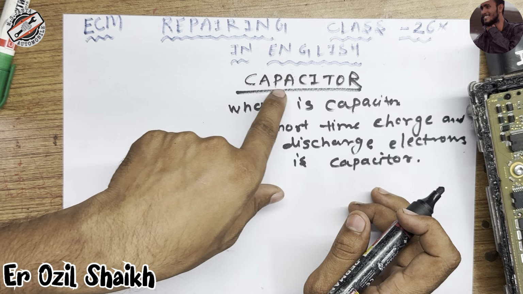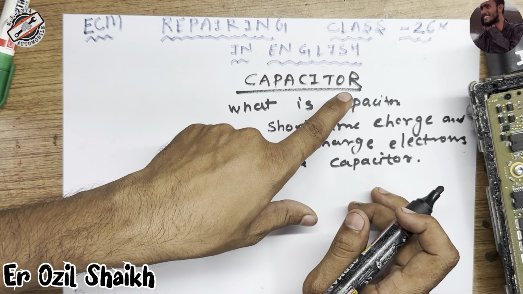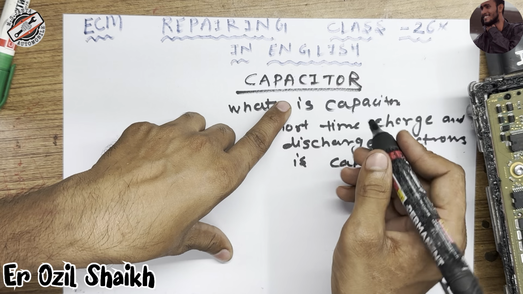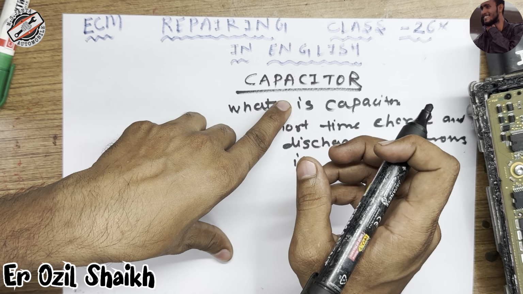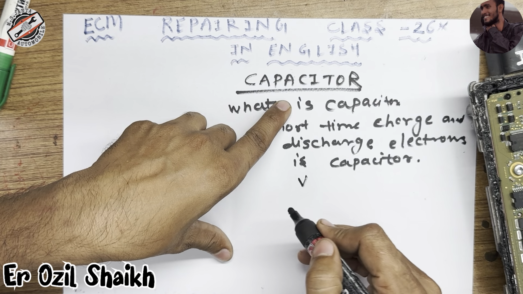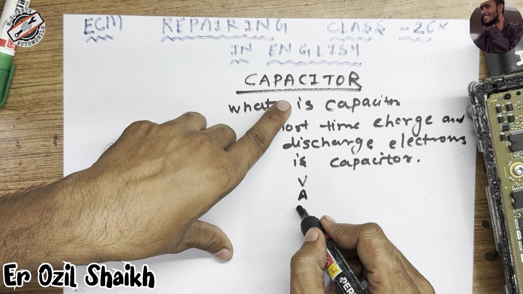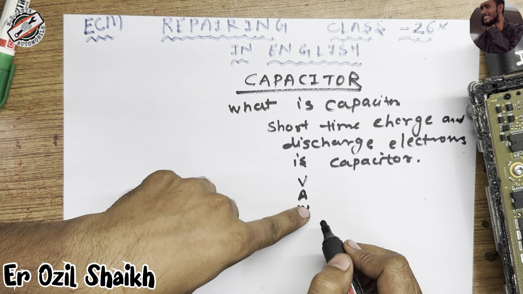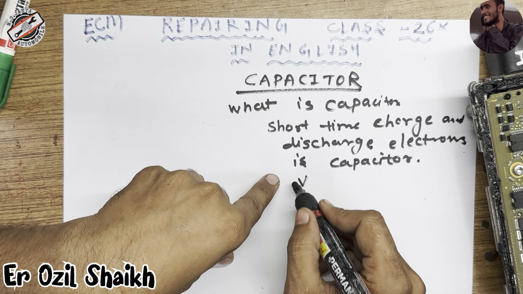So anywhere you find a capacitor, how do you calculate it? The SI unit: if you have a volt, you indicate it by V, if you have an ampere, you indicate it by A, if you have a watt, you indicate it by W, and if you have a capacitance value, it's called a farad.